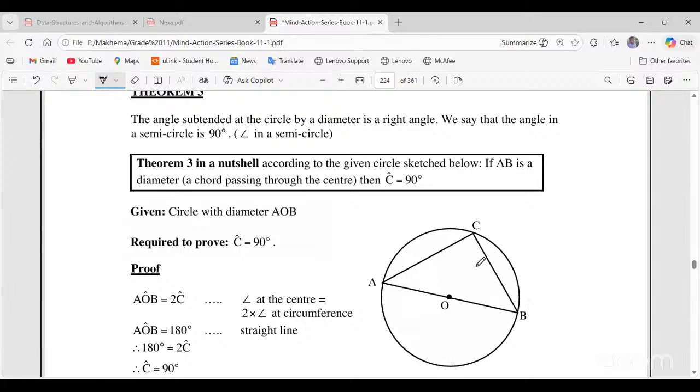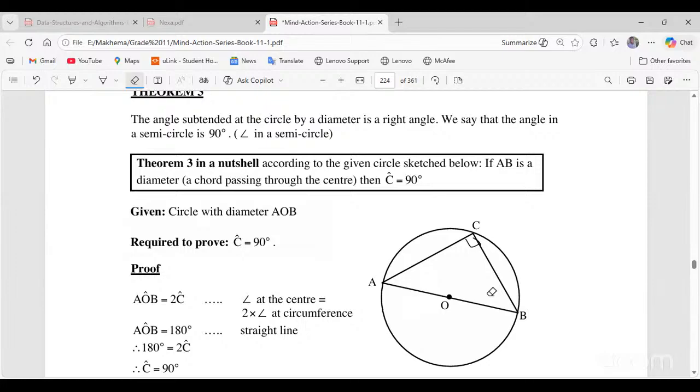They meet there at C. That angle C there, guys, will definitely be 90 degrees as long as this is the diameter and there are lines from that diameter to that angle C. Angle at that C will be a right angle. Reason being, angle in a semicircle, right?